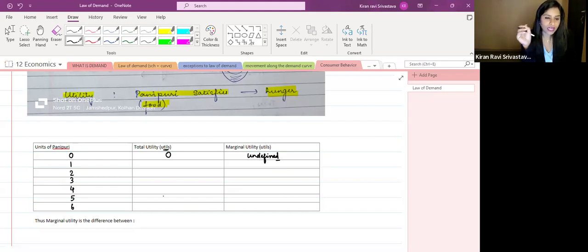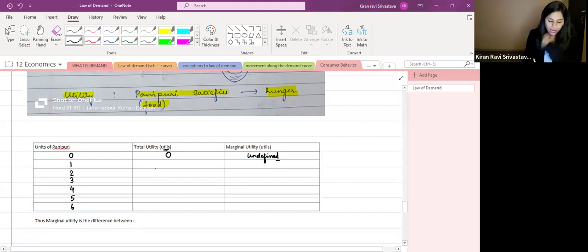So he goes to the stall and takes the bowl to consume, because they will give you in a bowl. After he has his first pani puri, the total utils he gets is 10. Then he proceeds to the second pani puri and gets 17 utils of satisfaction.